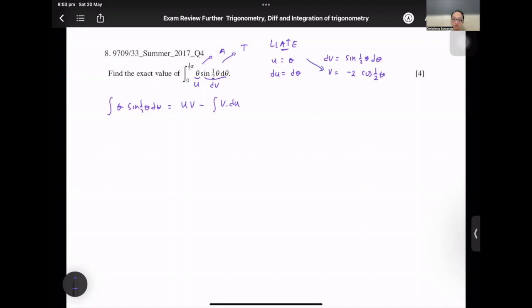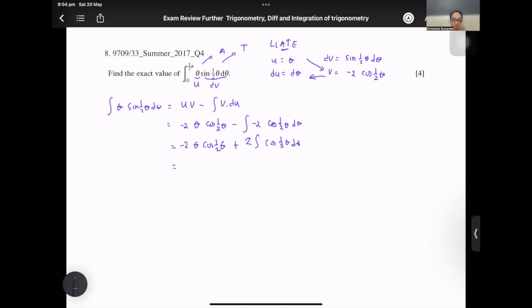So I put the arrow: uv minus integral v du. uv is negative 2 theta cos half theta, minus integral v du, negative 2 cos half theta d theta. Okay, we simplify first. Plus 2 integral cos half theta d theta.